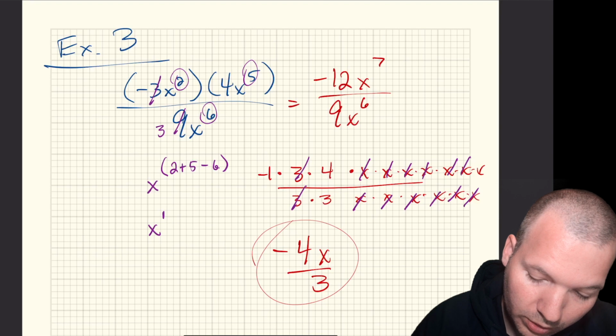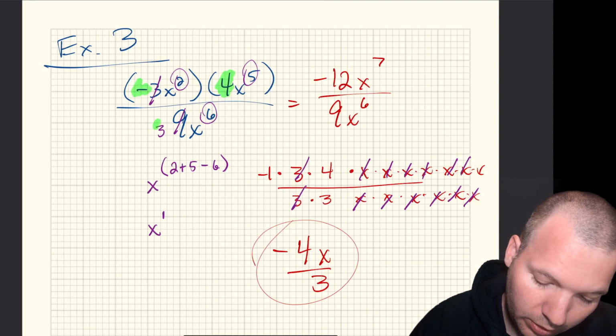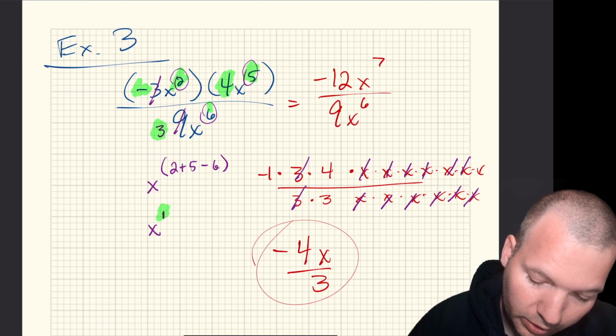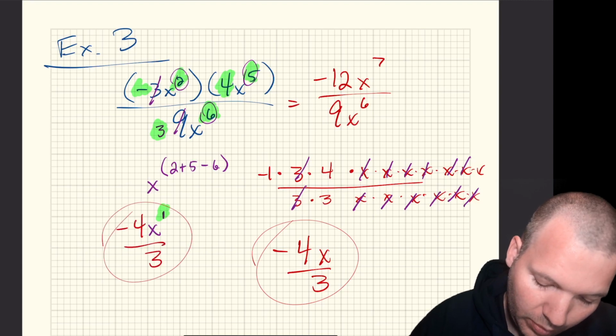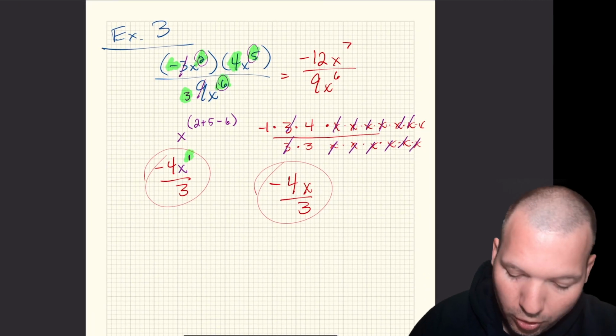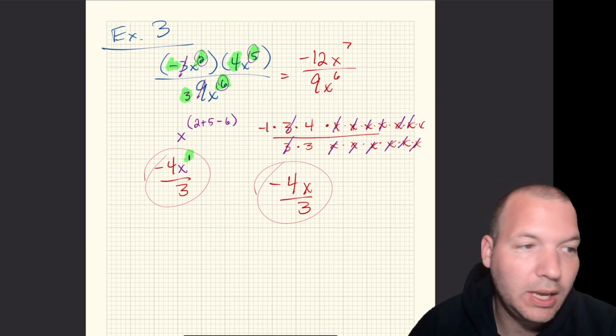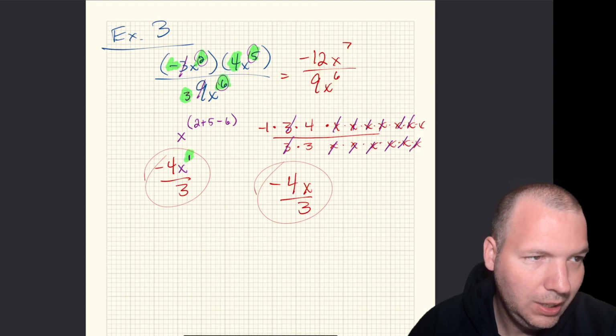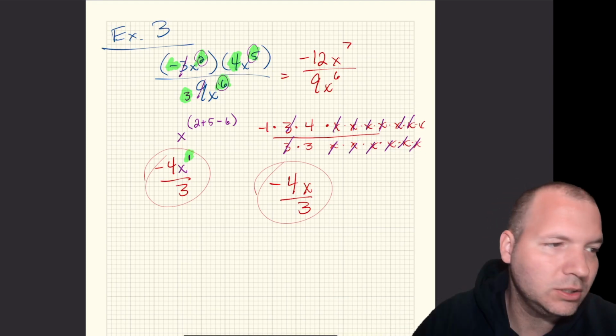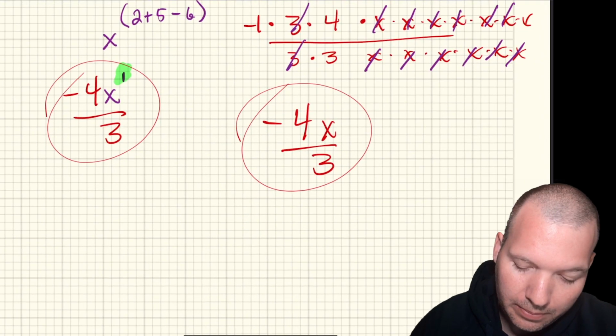And so really all we're left with at that point is the negative, the 4, the 3, and of course the x to the first that we already figured out. And so when we put those back, we get negative 4 on top, divide by 3 on bottom, and we don't normally write the x to the first, it's just x, and that is answer choice, which one is that? D. So they pulled the fraction to the front, but it looks basically the same.